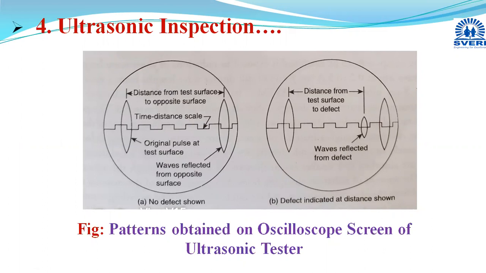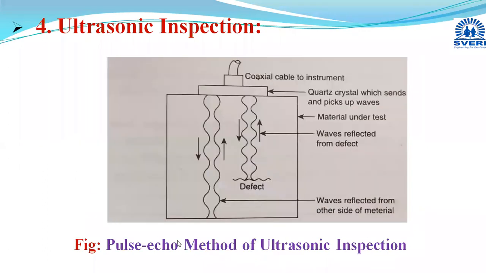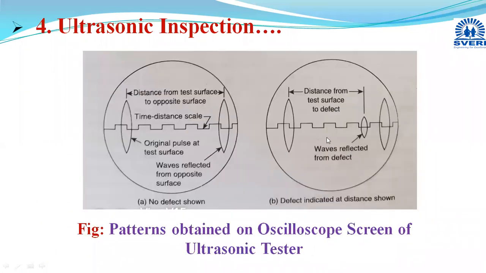Its location can be determined, and from the spot or pattern obtained on the oscilloscope screen we can determine its shape also. So shape and size can be determined with the help of the pulse echo method of ultrasonic inspection.